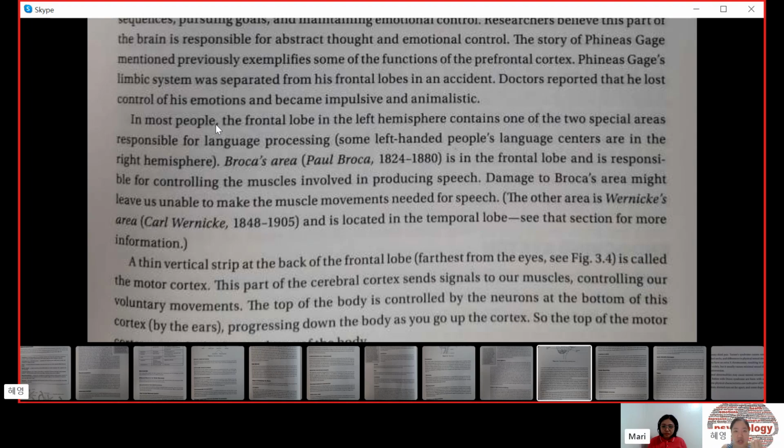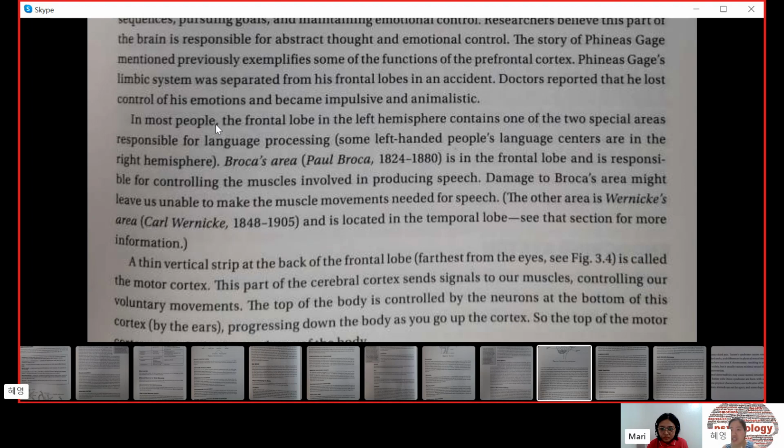So once Broca's area is harmed, you have some difficulty with verbal function, just like damage from a stroke. Yes, exactly. Damage to Broca's area might leave us unable to make the muscle movements needed for speech.